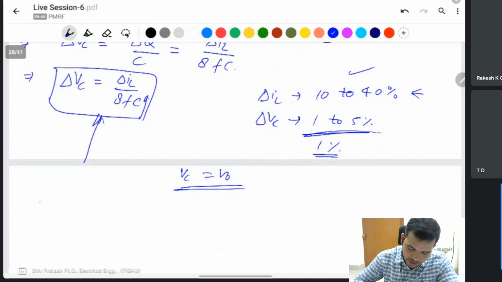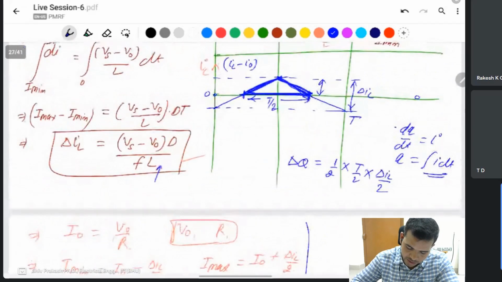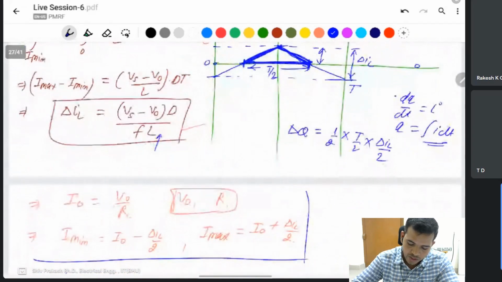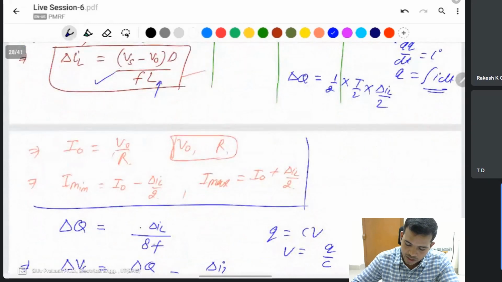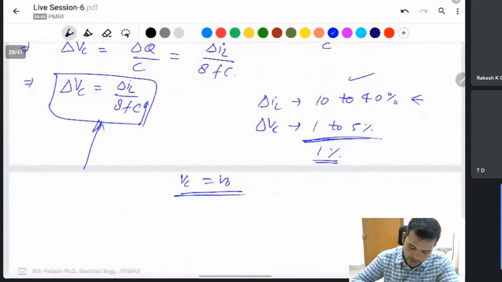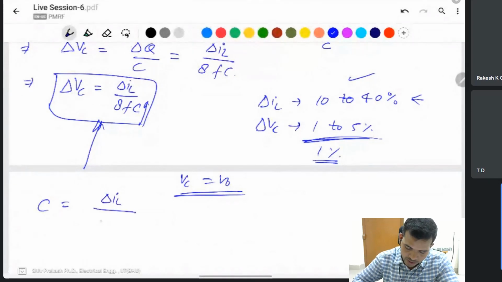You can reduce delta IL and find delta IL. You calculate the C value: delta IL divided by delta VC into 8F.